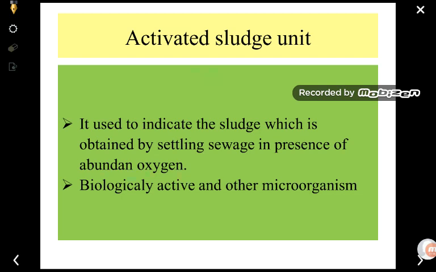The activated sludge is biologically active and it contains a great number of microorganisms. Rather than only aerobic bacteria, it contains many other organisms which have the unusual property to oxidize.